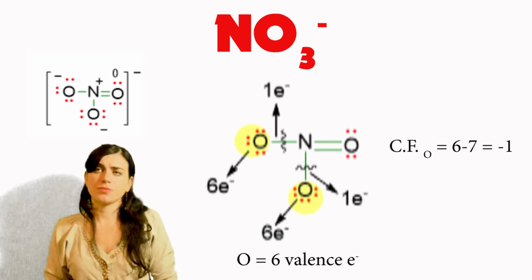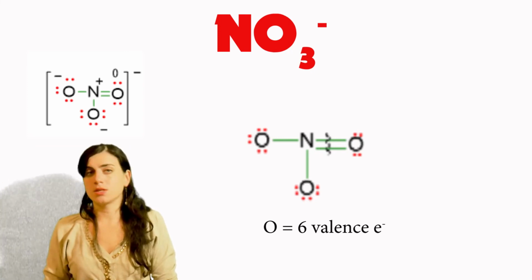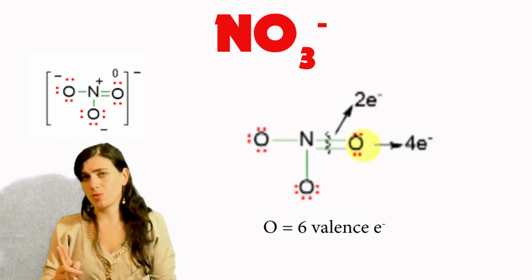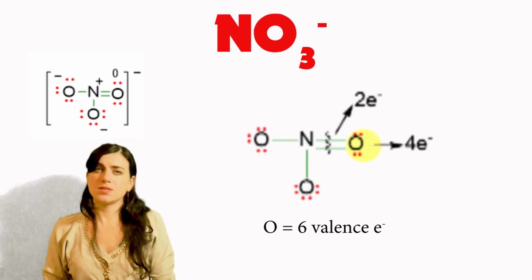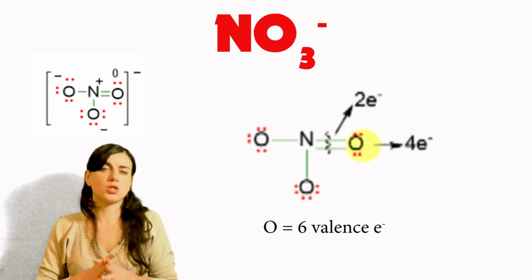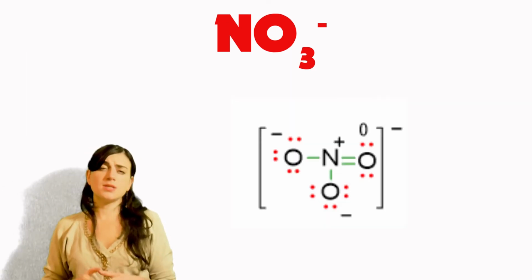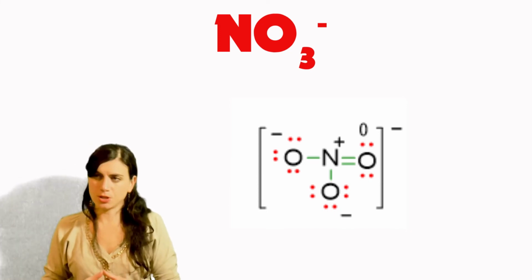Last oxygen. The last oxygen has 4 electrons from the lone pair and 2 electrons from the double bond divided by 2. So it's in total 6 electrons. The valence of oxygen is 6, so 6 minus 6 is 0. So this is another method you can apply for the calculation of formal charge.